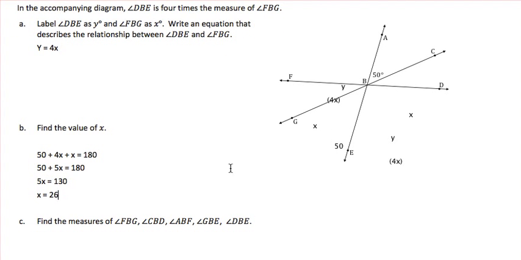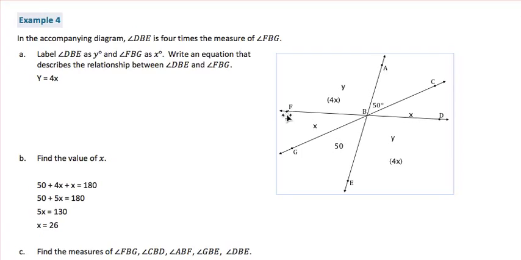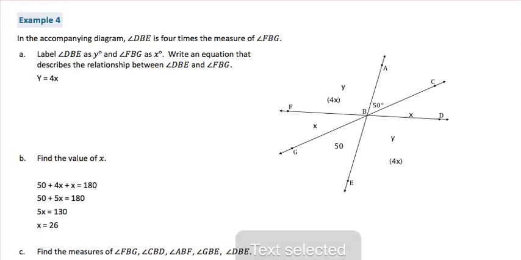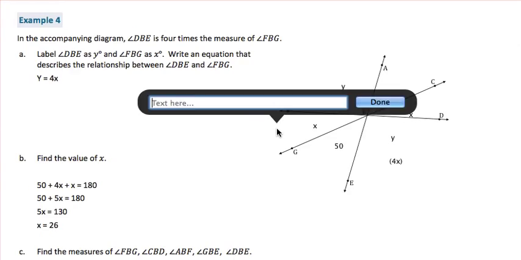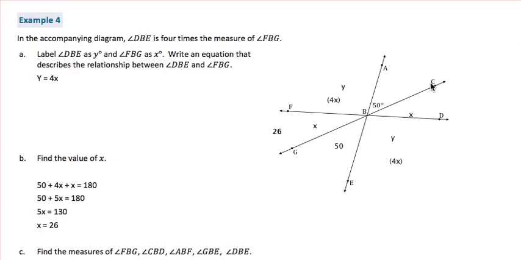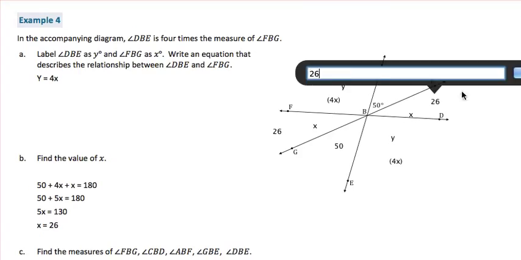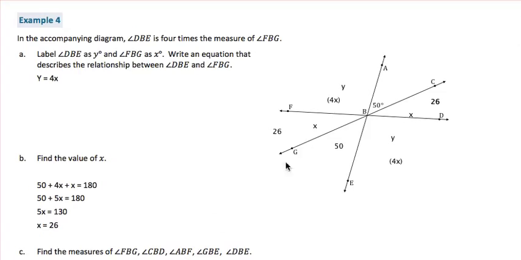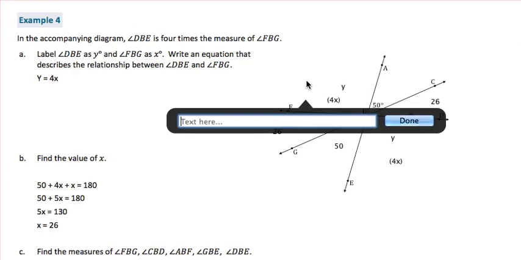Then they ask us to find the measure of FBG, which would be 26, CBD, which is also 26, ABF, which was 4 times 26, it's 104.